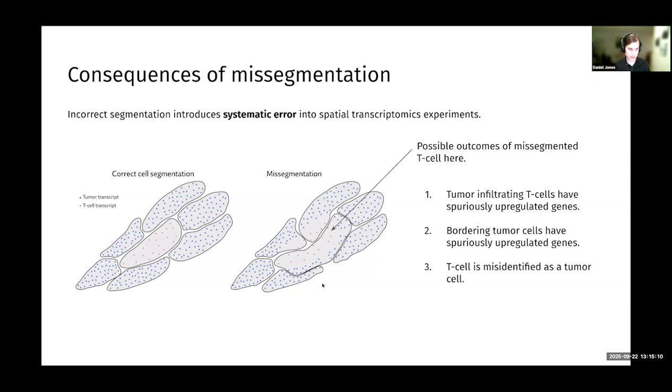What we see a lot is that when you missegment, the tumor signal will smother the signal from the T cell. And when you're clustering and trying to define cell types, this might just look like a tumor cell if you smother enough of that signal. So it will also tend to hide particular subsets of cells in a systematic way. It's a pretty bad source of error. It's not just uniformly distributed noise that's introduced.